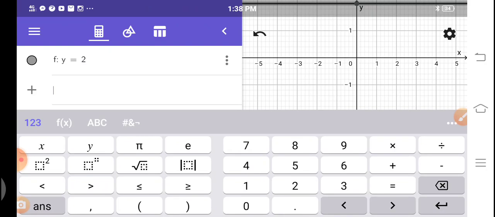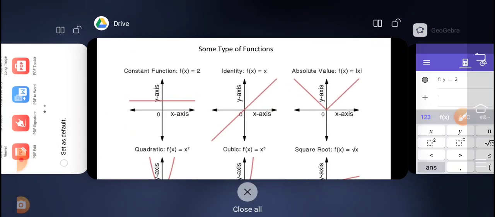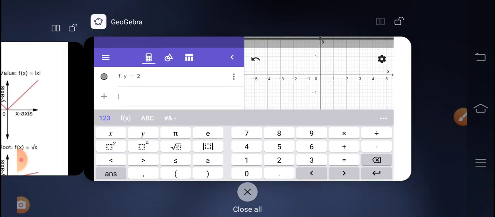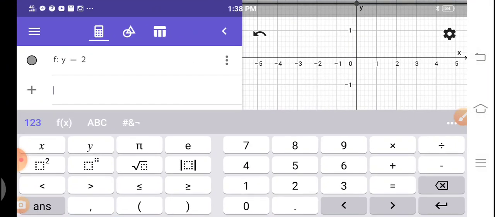How about if we have the other example, the identity function, y is equal to x.